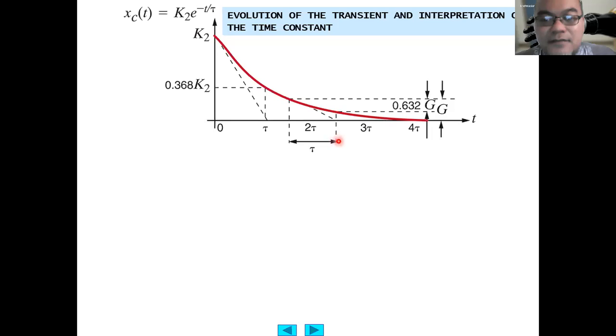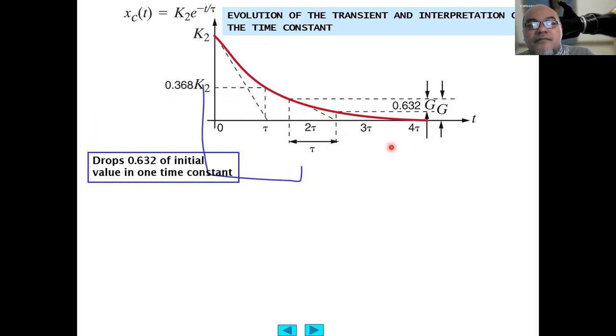So every tau it reduces to 0.368 of the previous value, etc. That's why this exponentially reduces. It drops 0.632 of the initial value in one time constant.